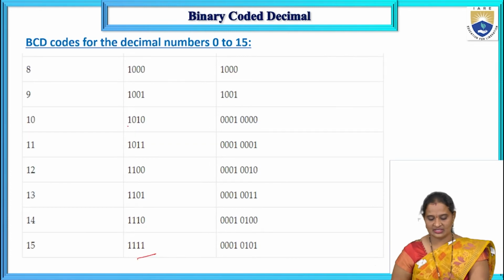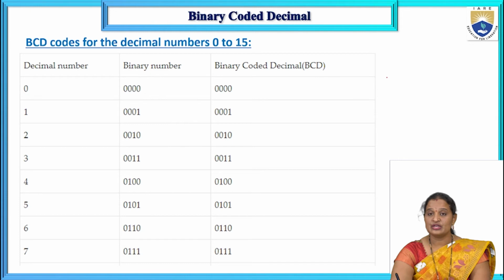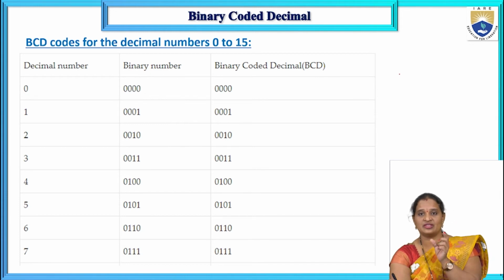So here we have listed 16 combinations of binary, and now we are going to write down the BCD code. As I told you, if we have more than 1 digit in the decimal, each digit should be replaced with its 4-bit BCD code.